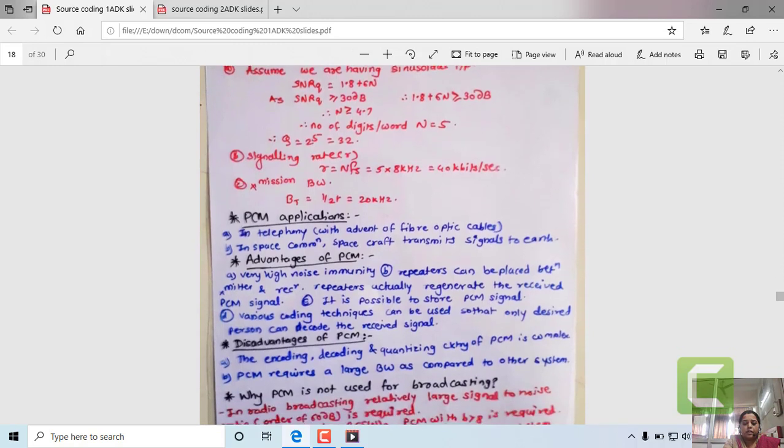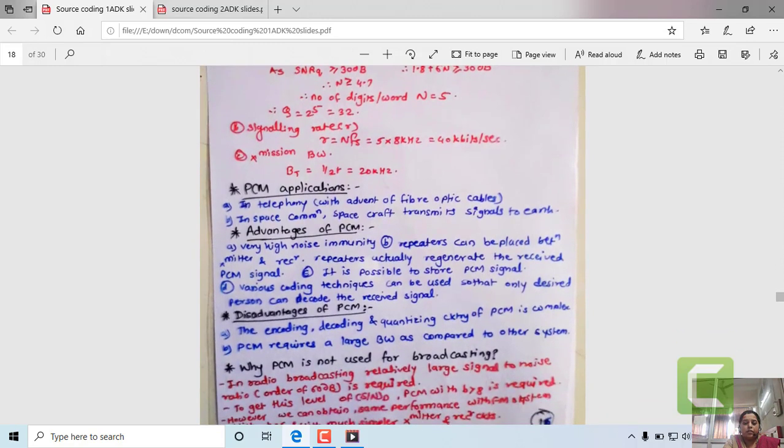To comment on the disadvantages, the encoding, decoding and non-uniform quantization processes are applied in the PCM operations, so the circuit becomes more complex. In the quantization process, if a higher bit ADC is used, then the number of bits per word encoding will go on increasing, and because of that a large bandwidth requirement will be there.